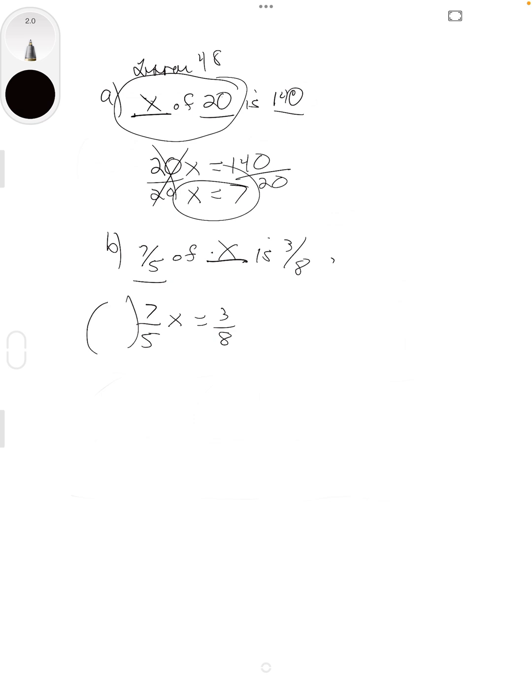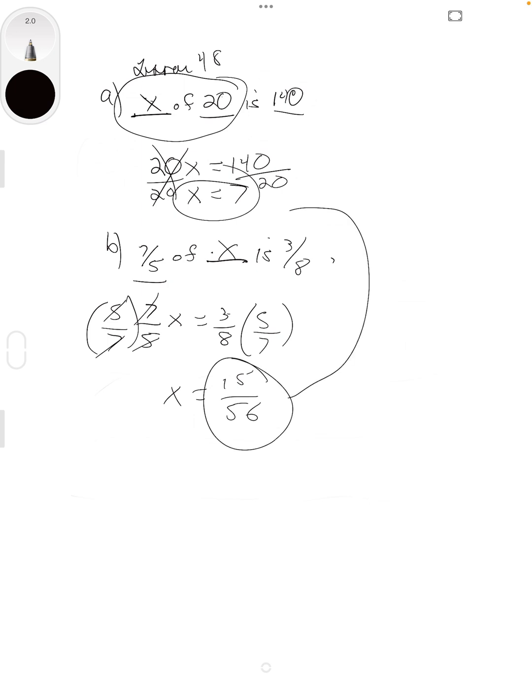Okay, multiply both sides by 5/7. 5s will cancel, so this will become x. I can do this one, same. And so I can't cancel anything. So I have 3 times 5 is 15, 8 times 7 is 56. So the answer is 7/5 of that thing is 3/8. Okay, last one.